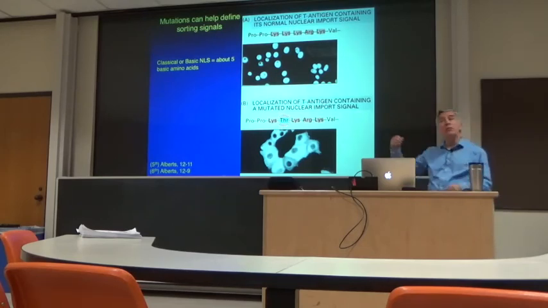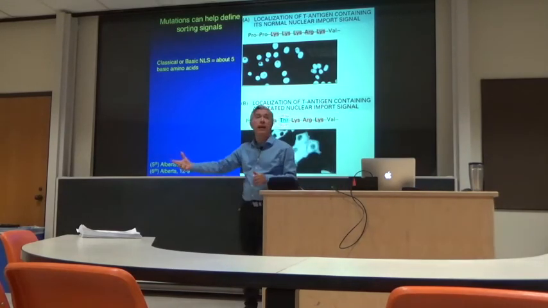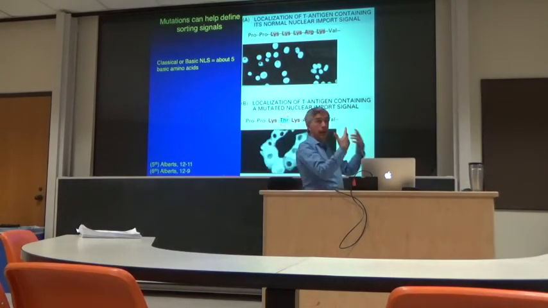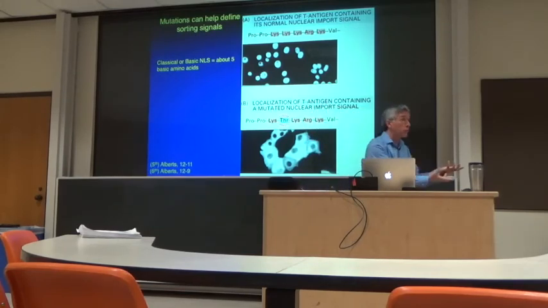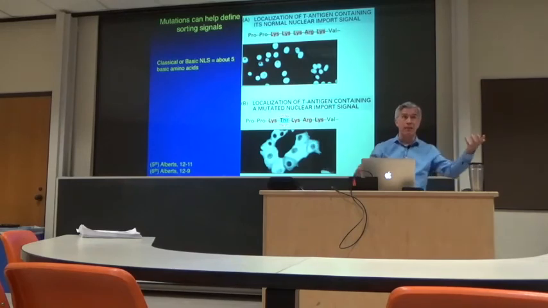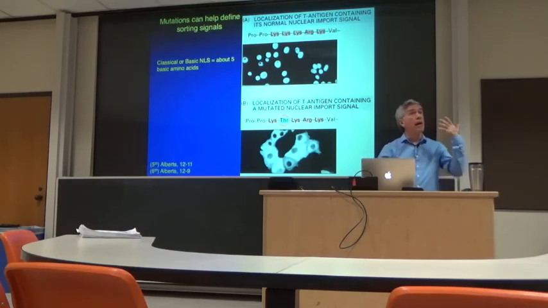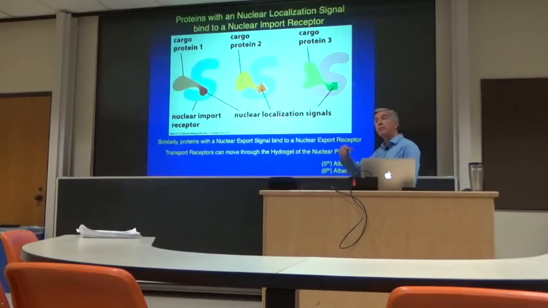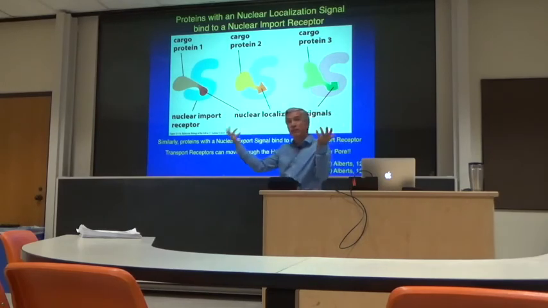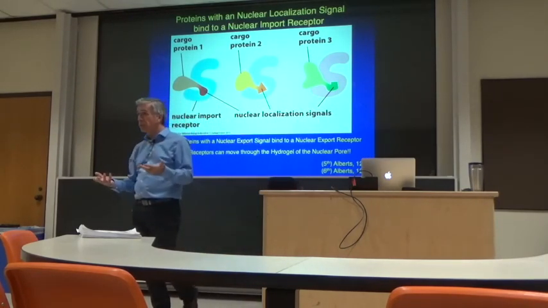So, if we have a signal, somebody has to read the signal, and that's going to be another protein. That protein we're going to call a receptor. So we had a KDEL signal, we had a KDEL receptor. Mannose-6-phosphate signal, mannose-6-phosphate receptor. So here we have an NLS, we have to have an NLS receptor. We're going to call it a nuclear import receptor.